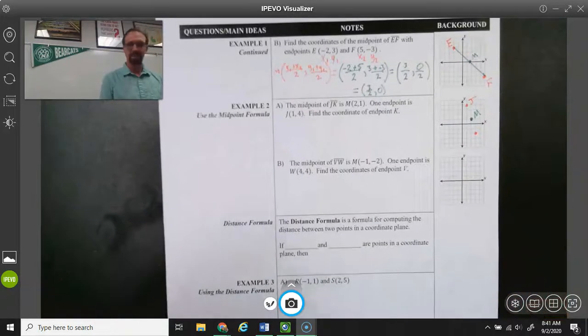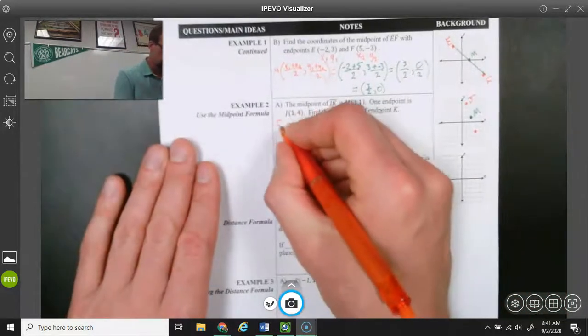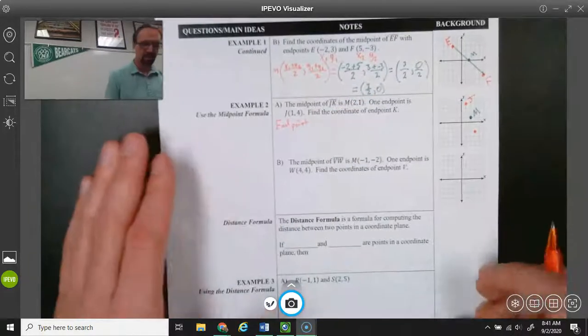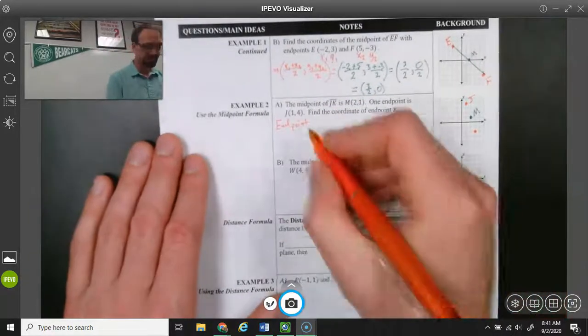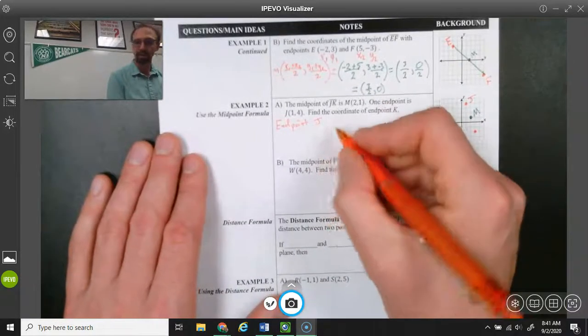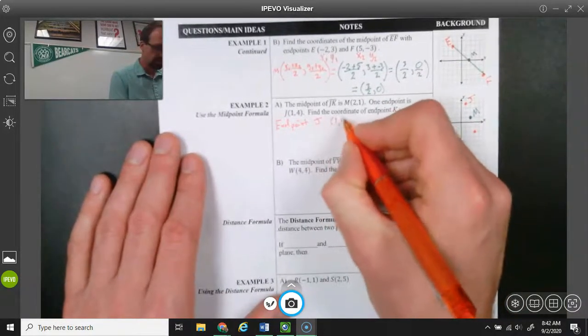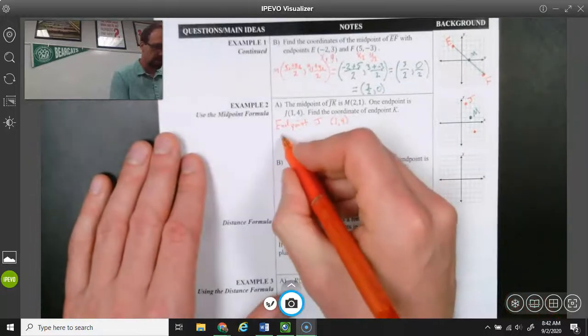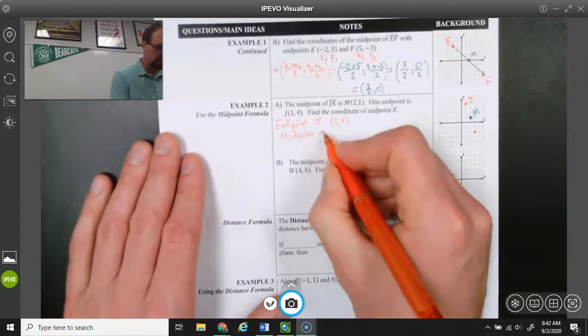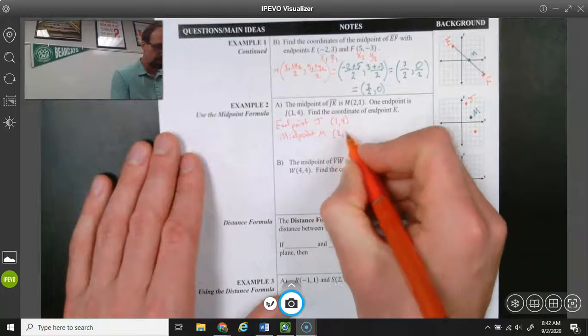If I list these out in order, I start with my endpoint J. So my endpoint J is 1, 4. And then I'm going to list out my midpoint, M. That's 2, 1.